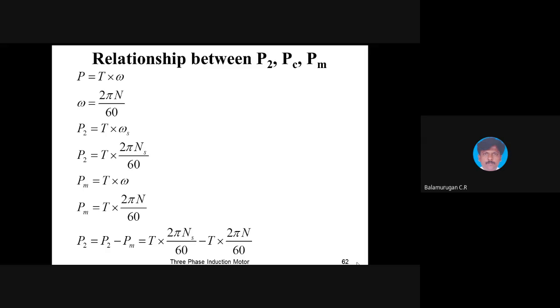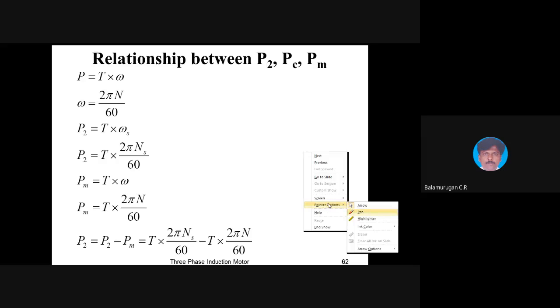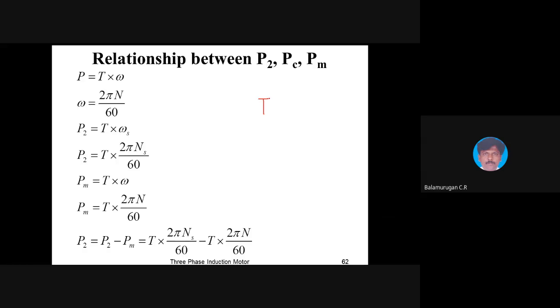These are some of the notations we discussed in the power stages. So what is P in? It means input power. That can be represented as P1 also. P1 and P in will be almost the same. So this is the input power.